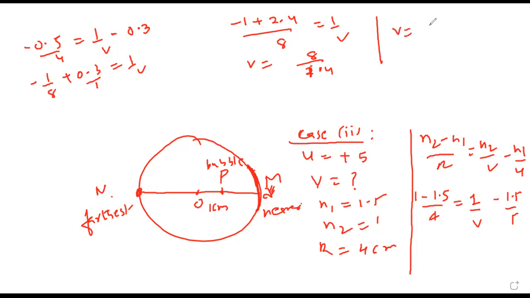Therefore, V equals 80 upon 14, which is 5.7 centimeter on the right hand side. Okay.